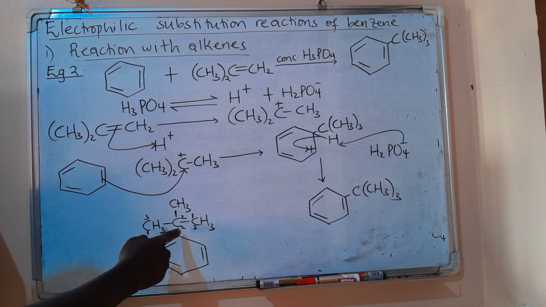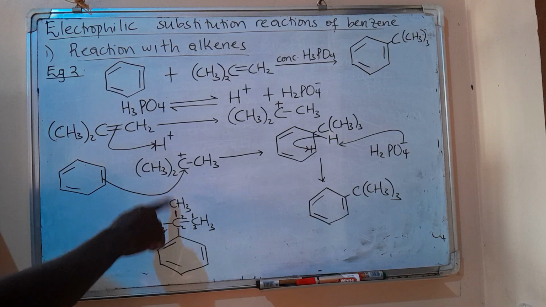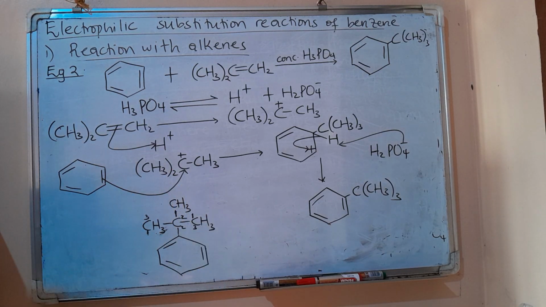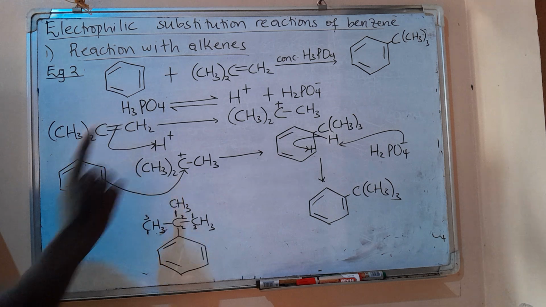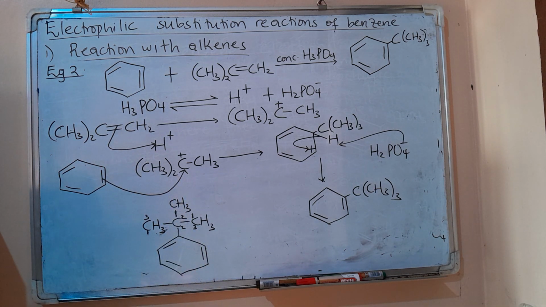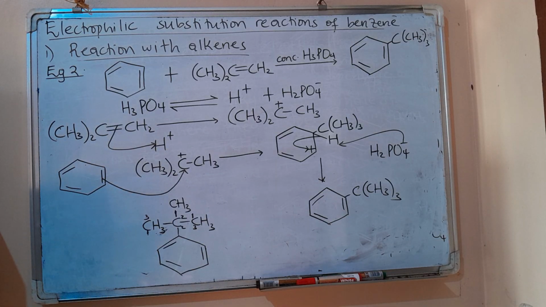Also 1, 2, 3. So you see that at 2 there are 2 branches appending from the parent chain. There is this and that one. And how do we call this branch? Recall that benzene as a branch is called phenyl, and that is methyl.